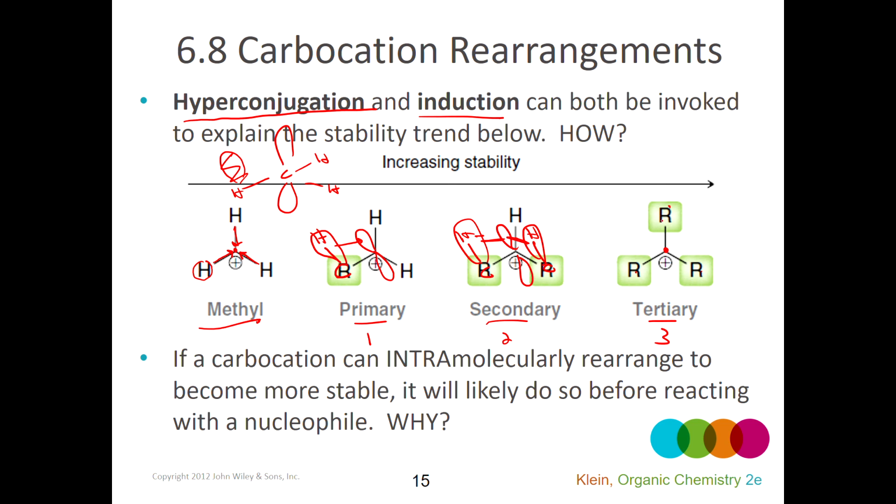If the carbocation is attached to 3 groups, whatever plane that p orbital's in, each of these carbons can rotate a hydrogen into the same plane. And they can all transfer some electron density in there, and that stabilizes the carbocation even more. So the more carbon groups I surround my carbocation with, the more stabilized it will be through hyperconjugation.